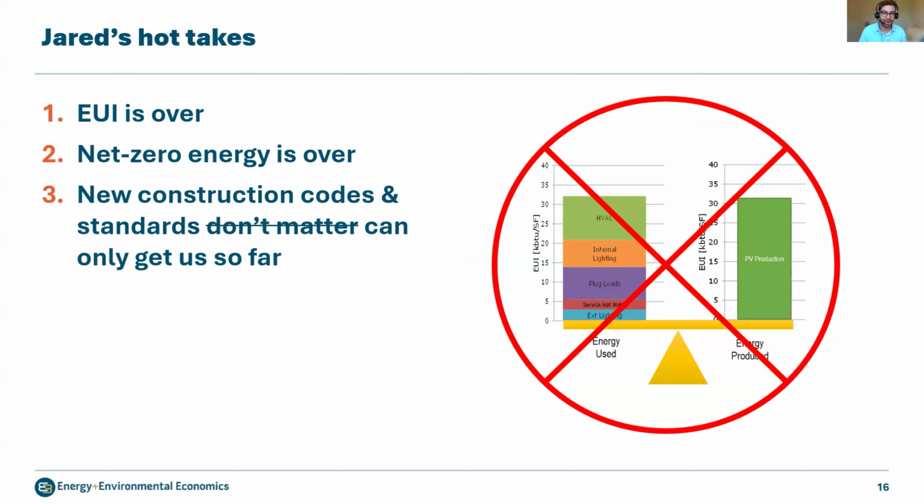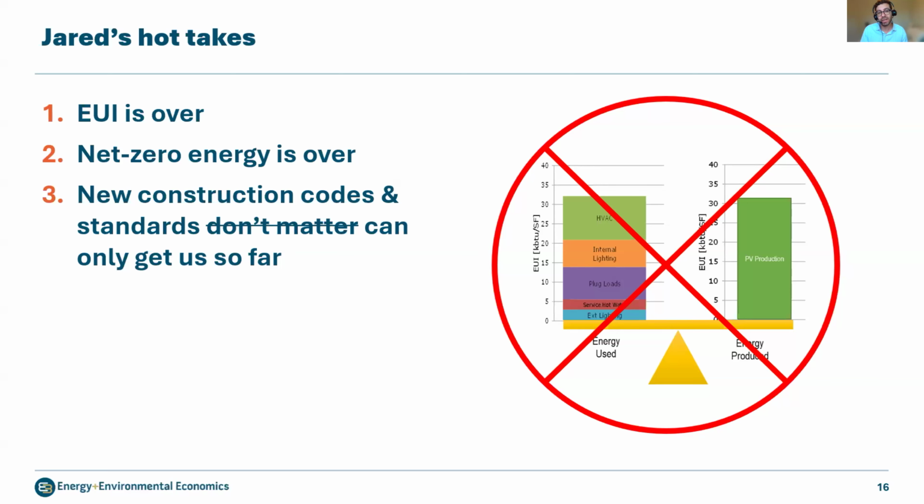I also think the topic of net zero energy is going to come to a close pretty soon, because it's really talking about what's happening on an annual basis and how to solve energy and generation on an annual basis, but not addressing what's happening on an hourly basis or what's happening at the grid.